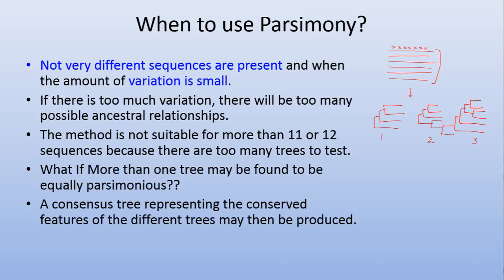And in such a case, you try to generate a consensus tree out of these three that would really correspond to a consensus of all these three, and this would be your final parsimony based tree.